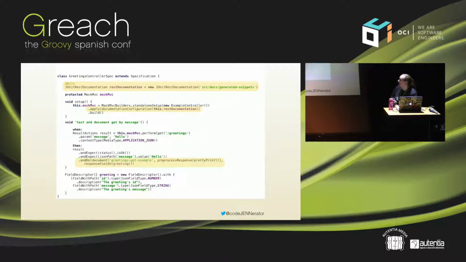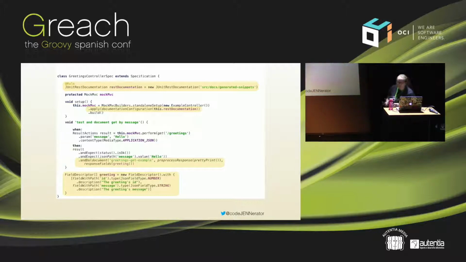If you want to do any pre-processing, post-processing, things like pretty print or manipulating what your URLs look like, and then the response fields. And you'll notice over and over again that you're doing a lot of the same things, so it's really helpful to put these out into a separate method. And that's kind of where that reusable snippets thing came out in the 1.1 version.